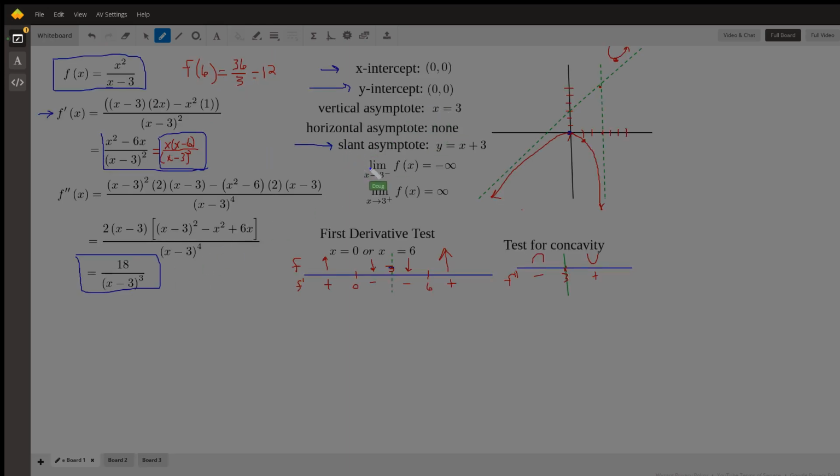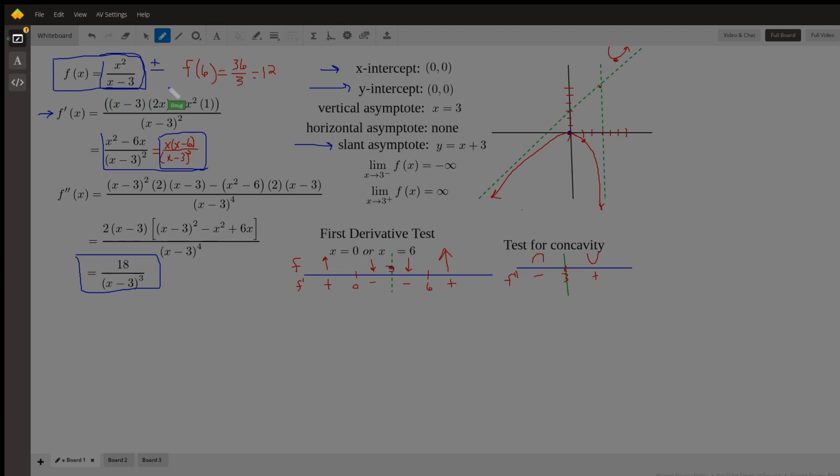Okay, so you also want to decide what's happening as you approach the vertical asymptote from either side. So as x approaches 3 from the left of 3, you can say, well, what happens to this thing when I put numbers in here like 2.99? Well, the numerator will be positive, and the denominator will be a very small negative number, like -0.0001.